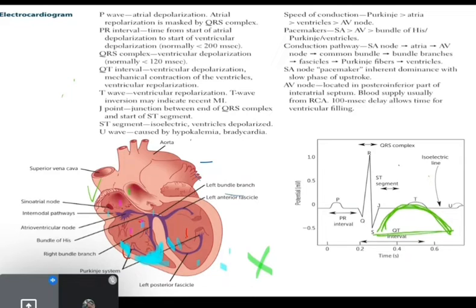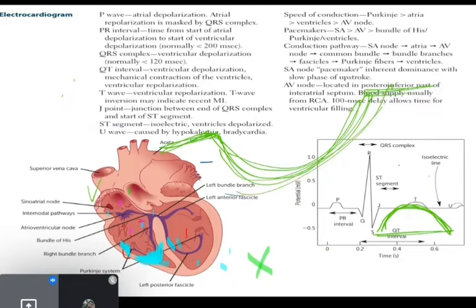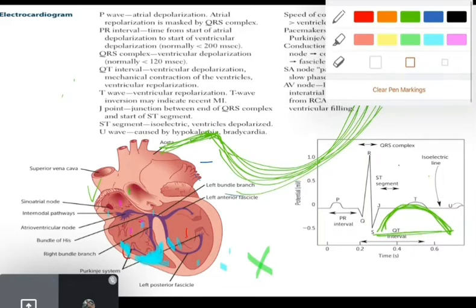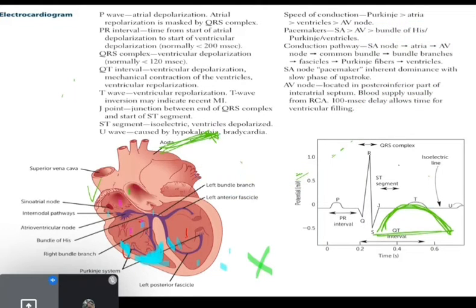If this T wave is inverted, meaning it flips downward, this is abnormal and can indicate a recent MI, a new heart attack in the heart muscle. So an inverted T wave means recent MI, myocardial infarction.